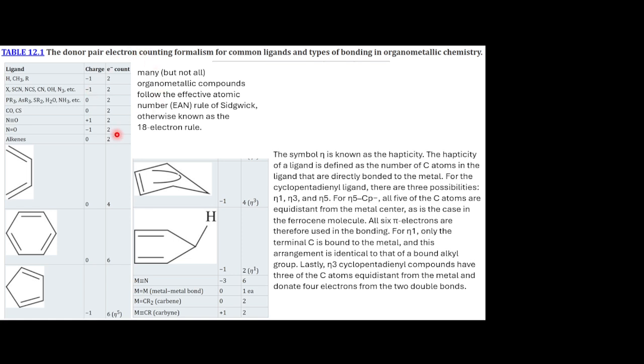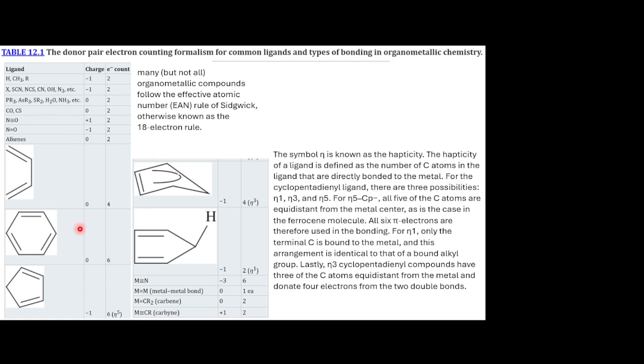The only ones you might want the table for are the ones down here. Those are a little more complex because they have higher hapticity. The low hapticity stuff, like a hydride or a CH3, you shouldn't have any difficulty with at this level, as in general and organic chemistry. The only way those work is because they have a lone pair on them, and that's because they have negative charges.